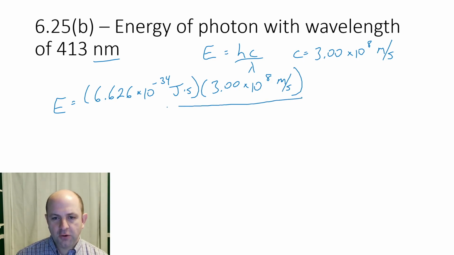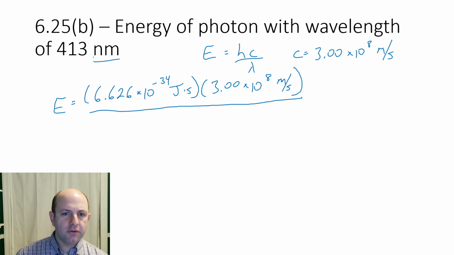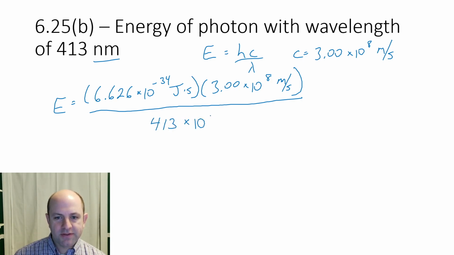And then for our wavelength, we can't just plug in 413 nanometers, but we can do a little trick where we don't have to make it exactly meters with proper scientific notation. We just say, what does nano mean? Nano means 10 to the negative 9th. There are 1 billion nanometers in a meter. So if we just apply that 10 to the minus 9th, then we can leave the 413. So it's 413 times 10 to the minus 9th meters.